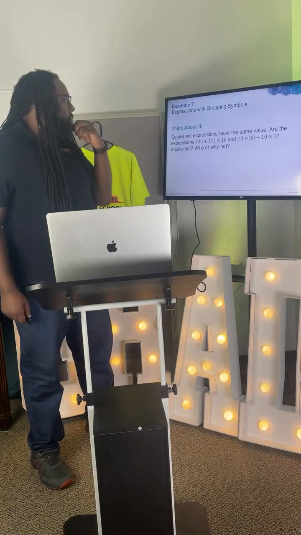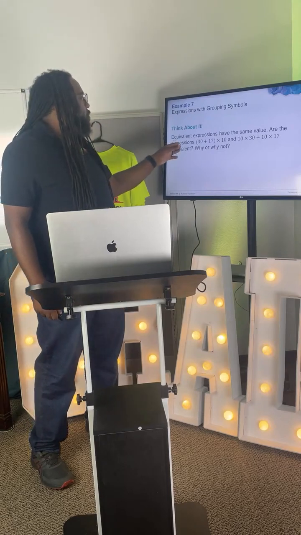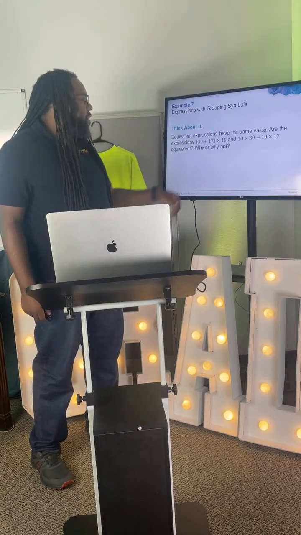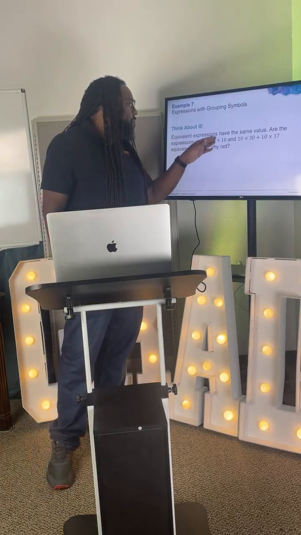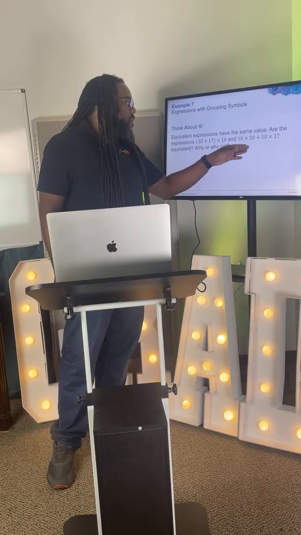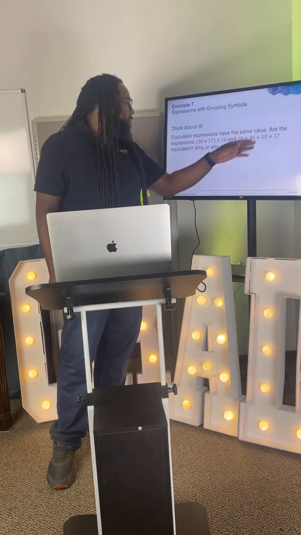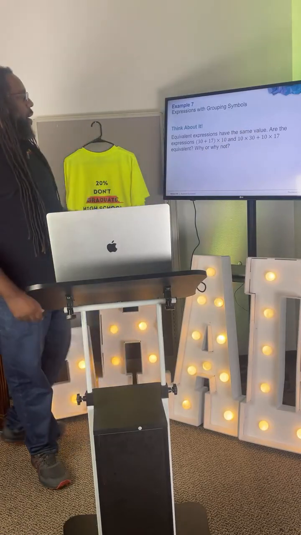All right, so that's something to think about. Equivalent expressions have the same value. Are the expressions 30 plus 17 times 10 and 10 times 30 plus 10 times 17 equivalent? Why or why not?